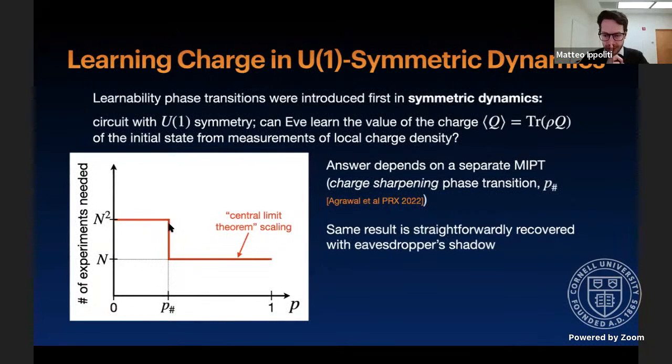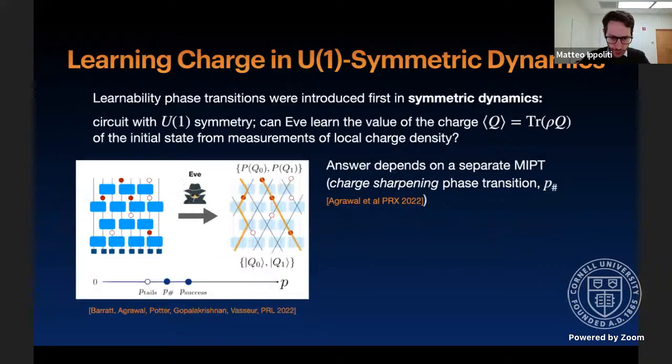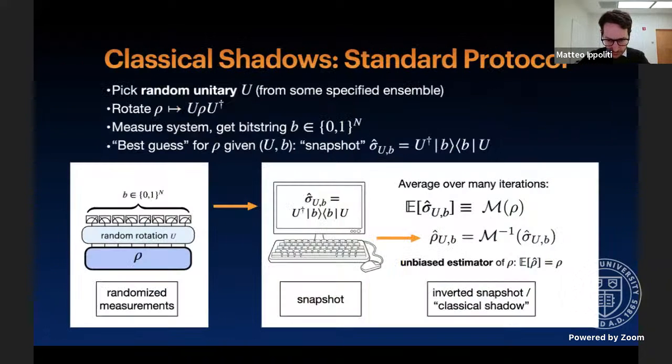Probably there is a subtlety there, which is that going back to the definition of a shadow channel, this channel M that you're trying to invert as part of your post-processing, for dynamics with a U1 symmetry or really any other symmetry, becomes non-invertible. That's because of the symmetry. If you have any quantity that is off diagonal in the symmetry, for example, a raising operator, that gets annihilated by the channel.